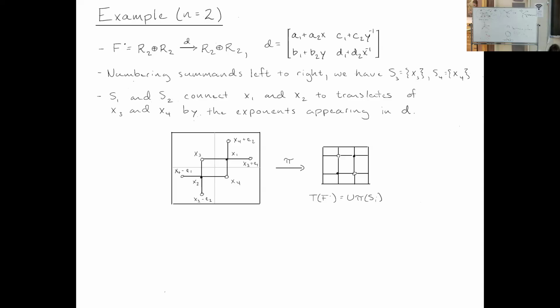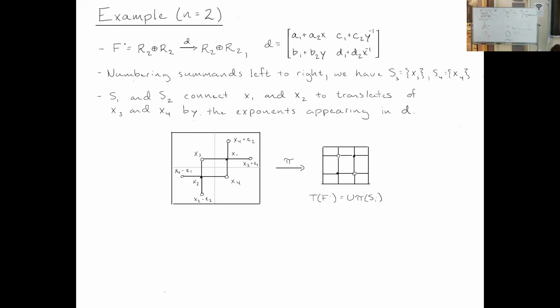So I connect x1 to x3 by itself, and then x3 plus the exponent of x, which I think of as the vector (1, 0). So there's x3, there's x3 plus (1, 0), and that connects those to x1. Likewise, in column 1, row 4, I see the exponent 0, so I take x4 plus 0, and then I take x4 plus (0, 1). And so that's S1.